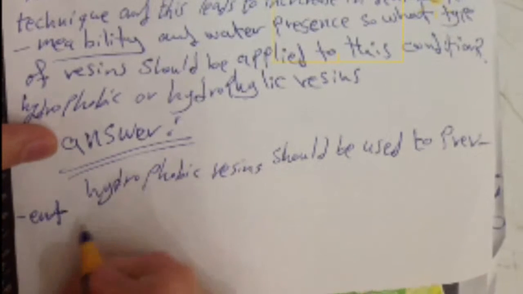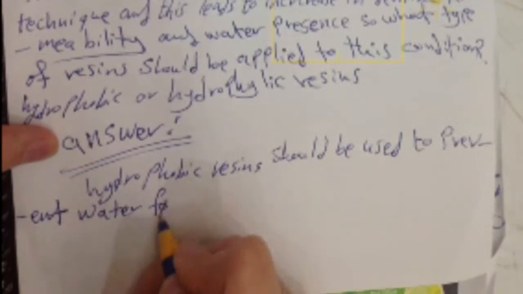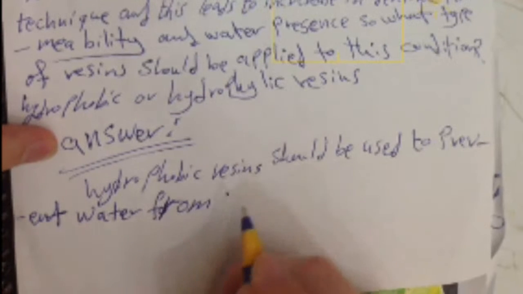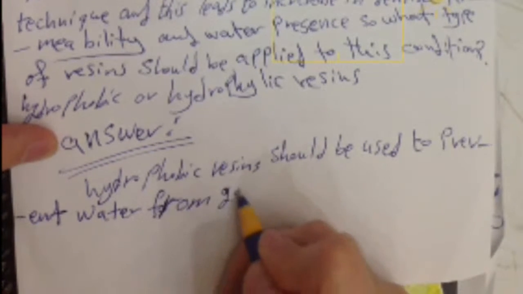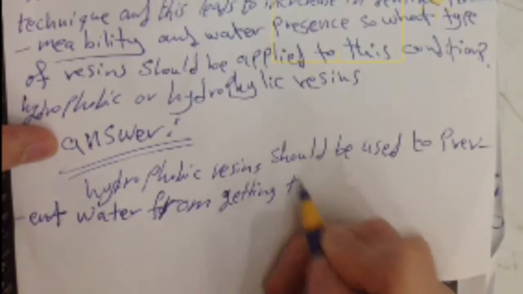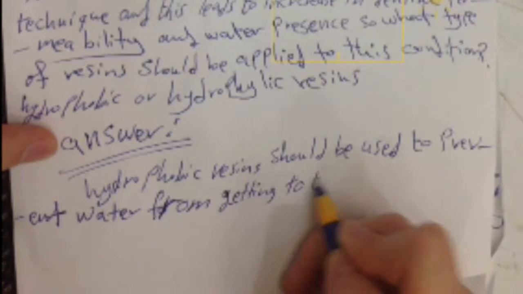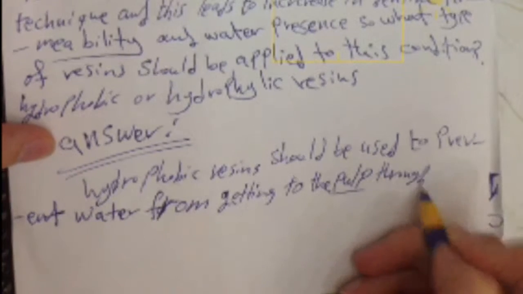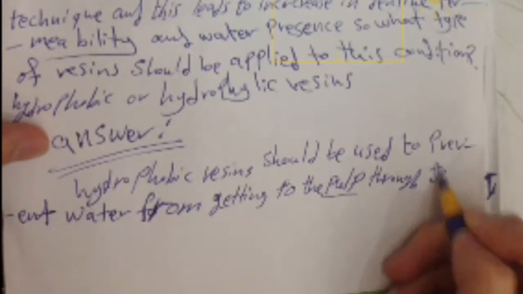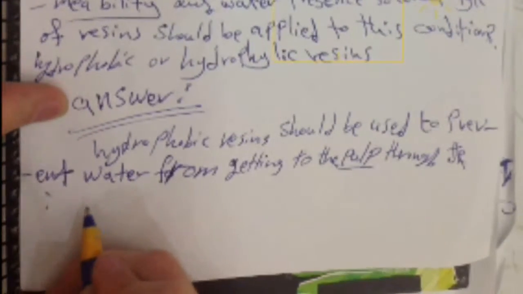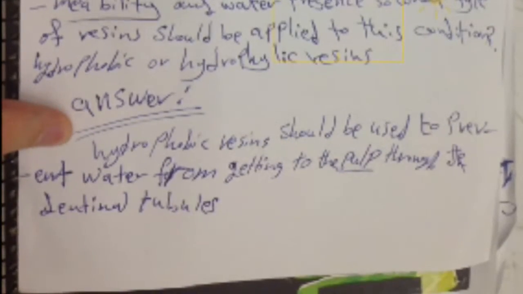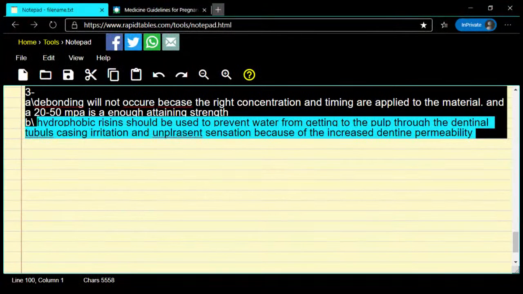To prevent water from getting to the pulp through the dentinal tubules, causing irritation or unpleasant sensation.